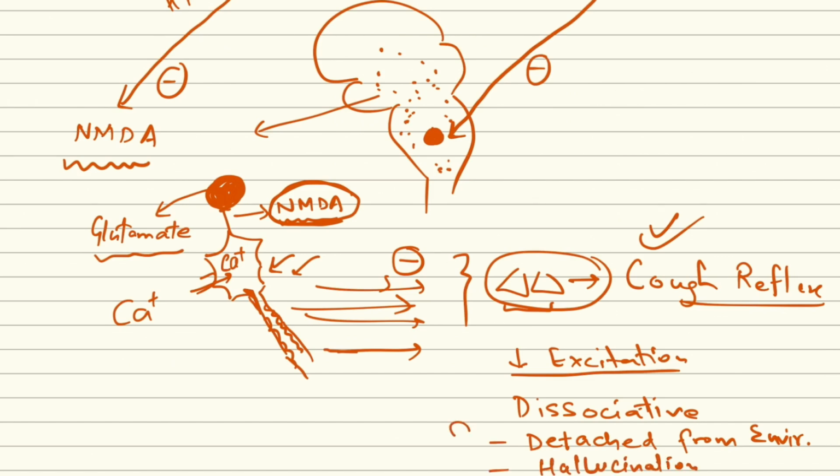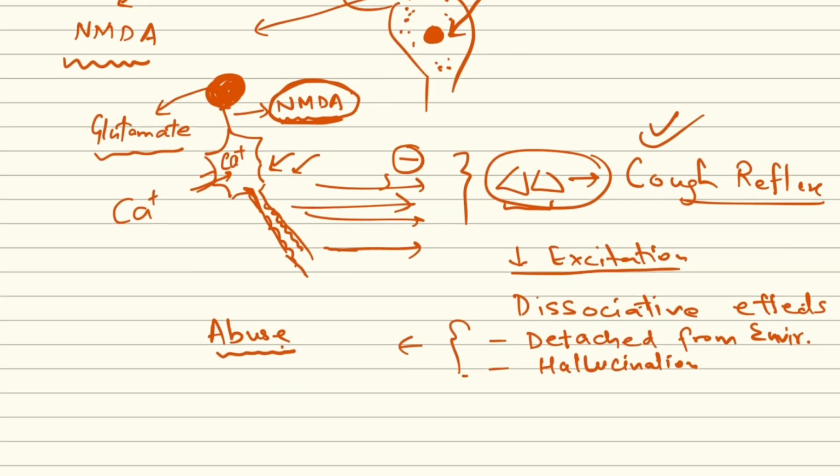This property is used by many drug abusers, who abuse dextromethorphan because of its dissociative effects at high dosages, due to the blockage of NMDA receptors.